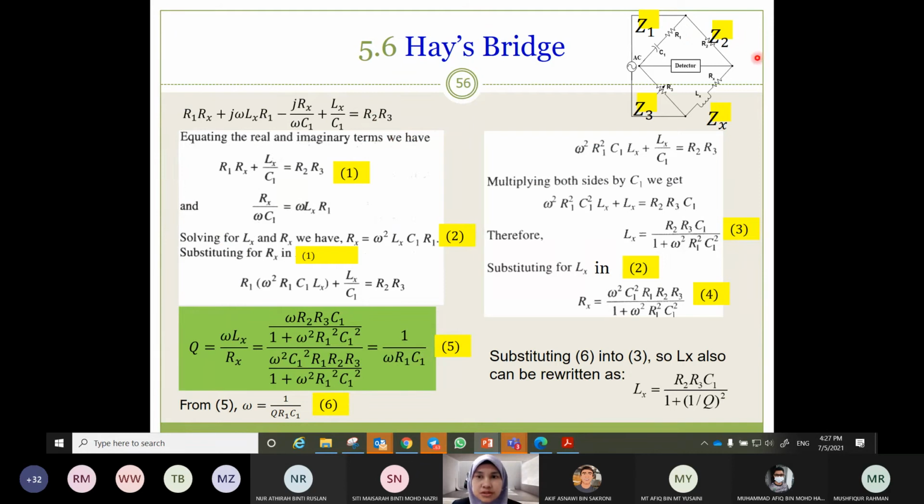So this is Z2 Z3. We have R2 and R3, and it is equal to Z1 multiplied with Zx. So what is Zx? Zx is equal to Rx plus j omega Lx.